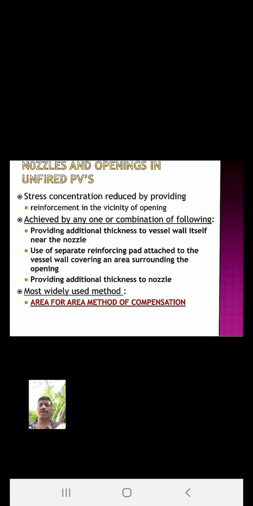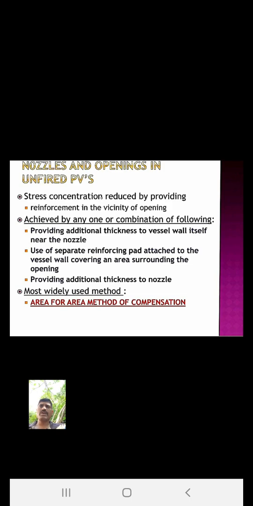That means you have to attach a separate reinforcement covering the area surrounding the opening. If you have removed the material at the place of the opening, then you should add some material around the vessel, okay. And third is providing additional thickness to the nozzle. These are some steps to achieve the reinforcement, okay.